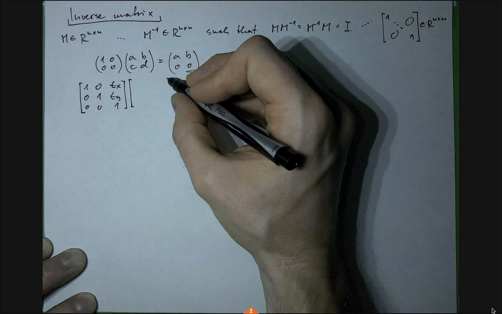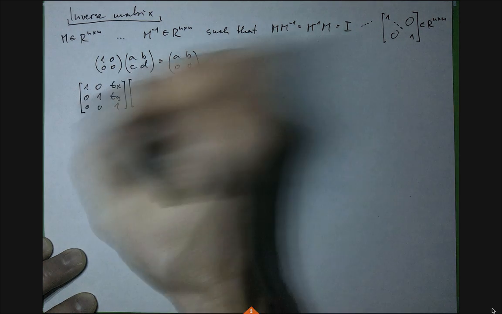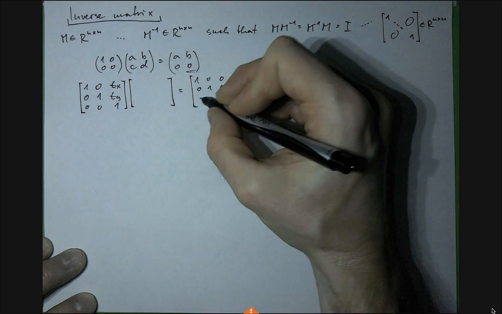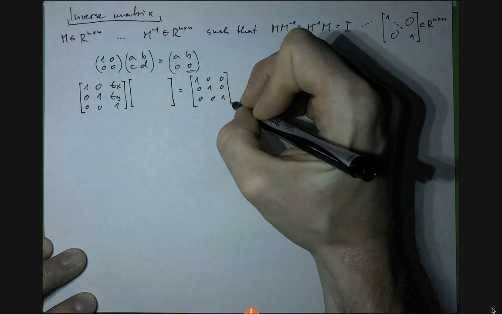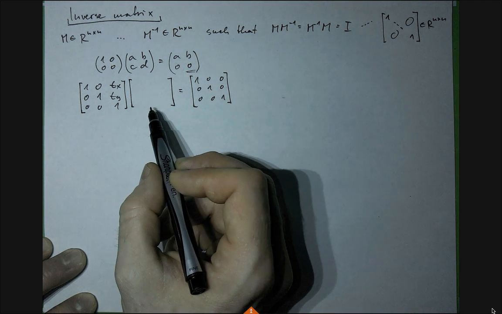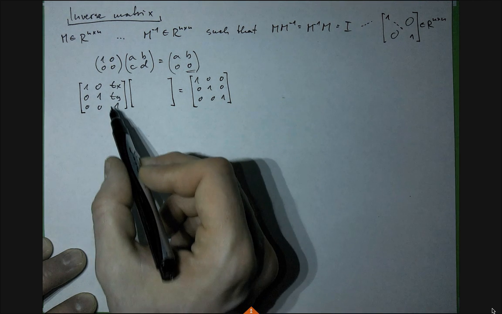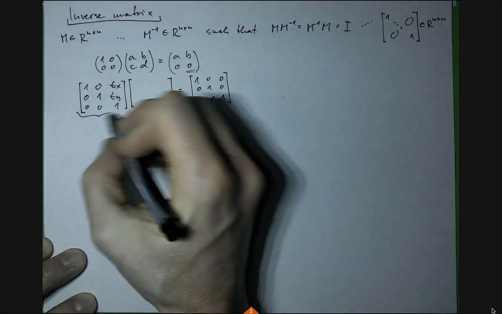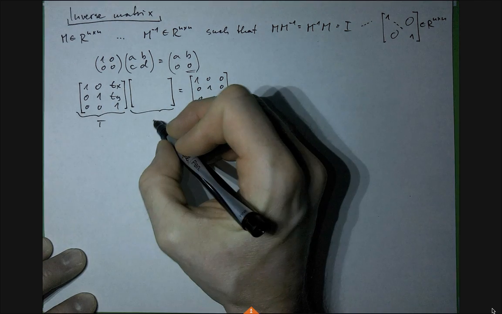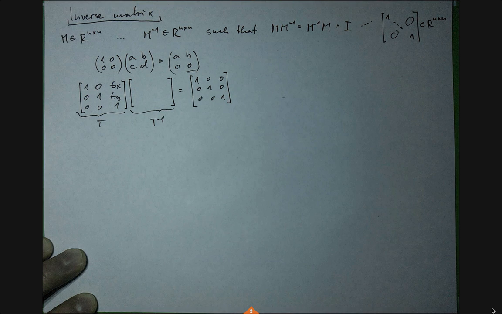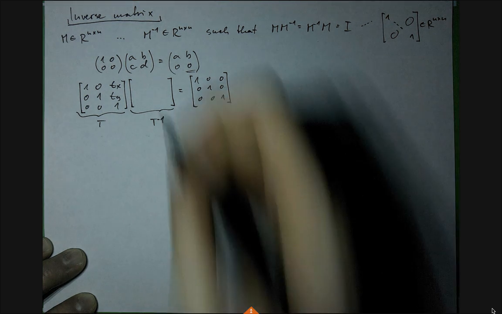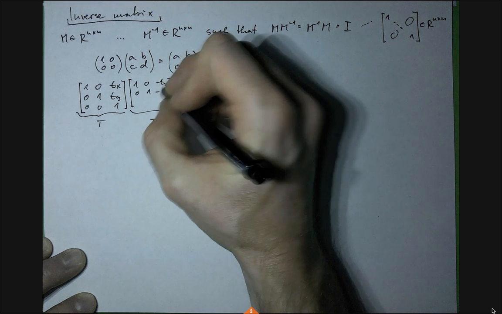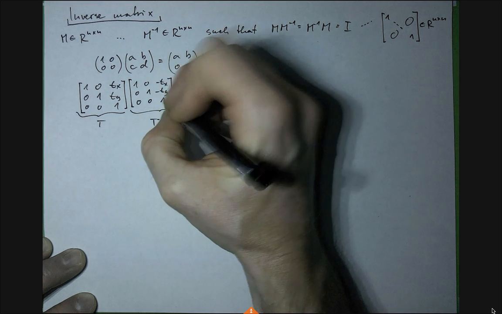The inverse must be some matrix such that when I multiply them together, I get a 3 by 3 identity. So who knows what this matrix is? If this is matrix T, we're looking for T inverse. Negative Tx, that's right. So this is minus Tx, minus Ty, 0, 0, 1.